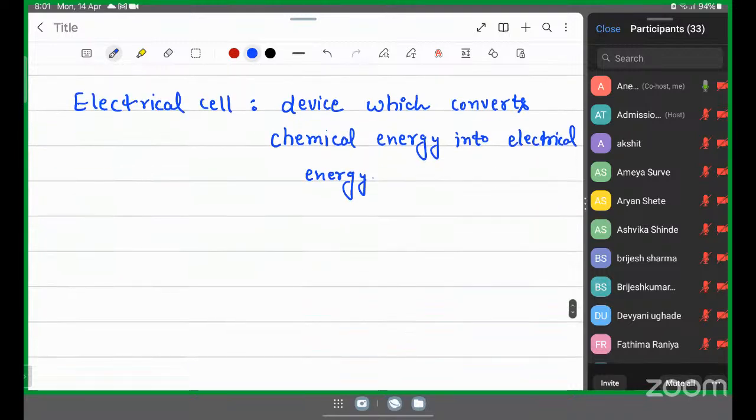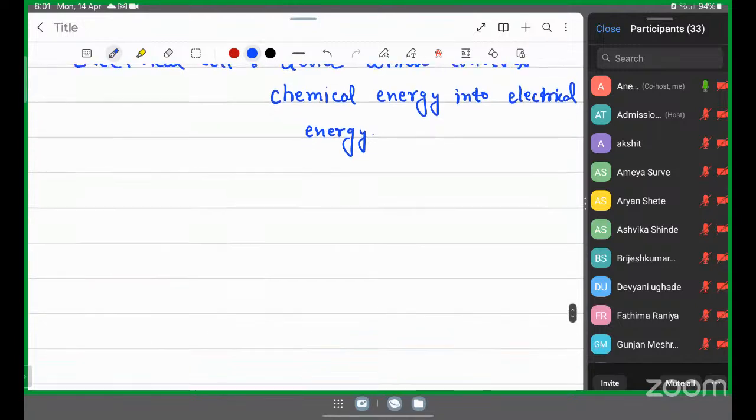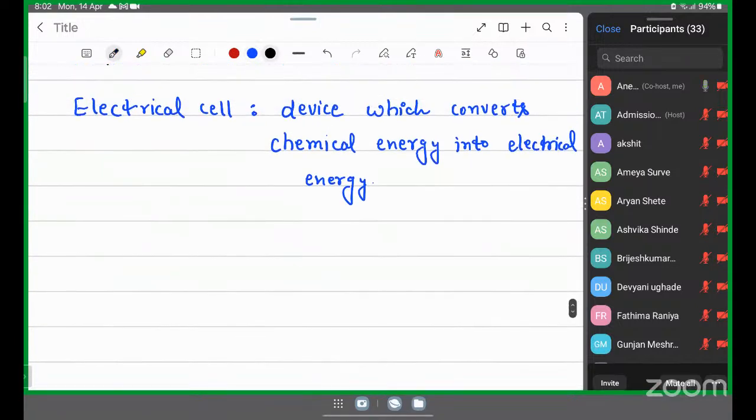And for any electrical cell, we define certain parameters or some simple terms. First of all, types of electrical cells.